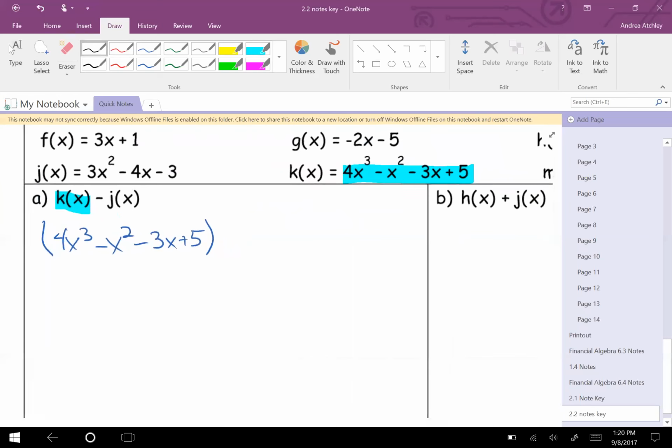Okay, and then we're going to subtract the j of x, which is the 3x squared minus 4x minus 3.